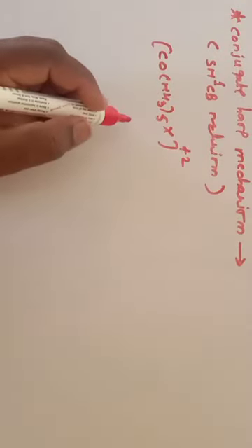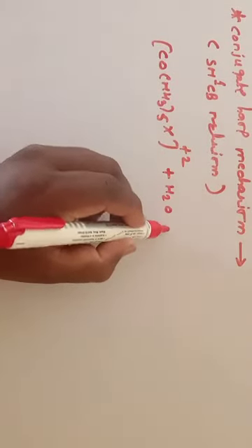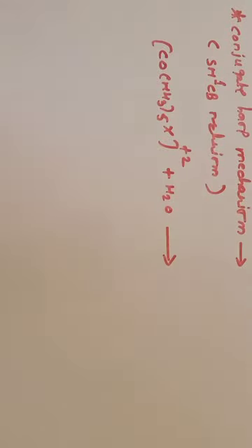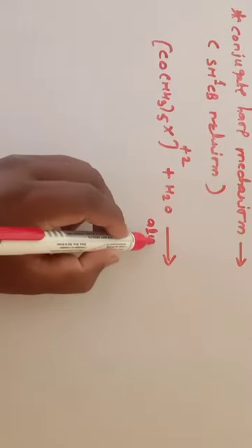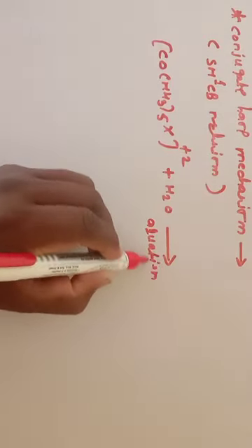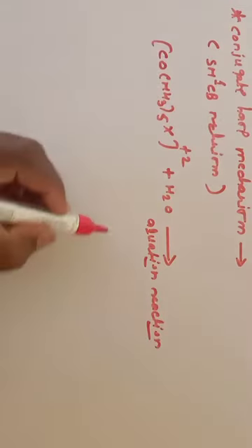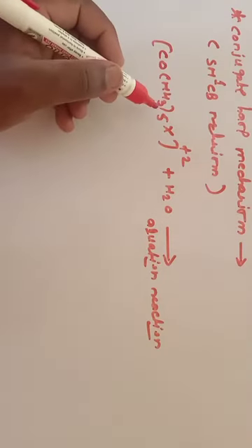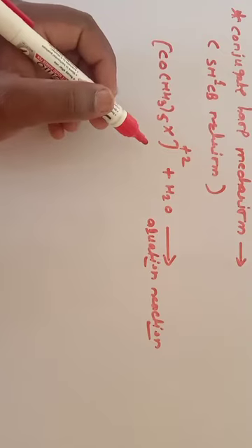When this cobalt complex interacts with water molecule, we are very much familiar with this reaction, that is the X ligand is replaced by the water molecule, and this reaction is considered as an aquation reaction. You are all familiar with this reaction, that is the replacement of the ligand from this reactant by water molecule. It is called aquation reaction.